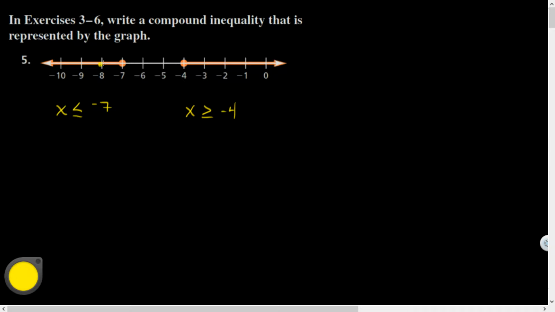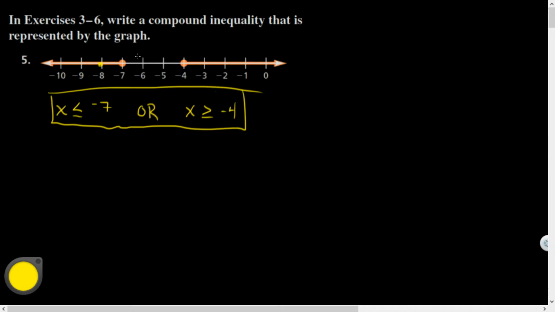Like -8 would be true for this, but it would fail for that. So the only way both of these could be together is if I threw an or between them, because nothing will be true for both of them at the same time. It will be one or the other.